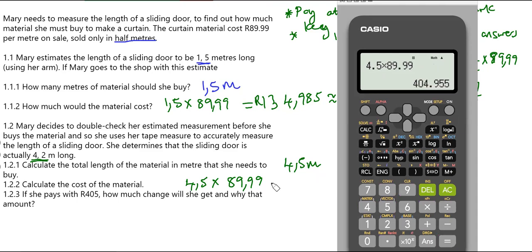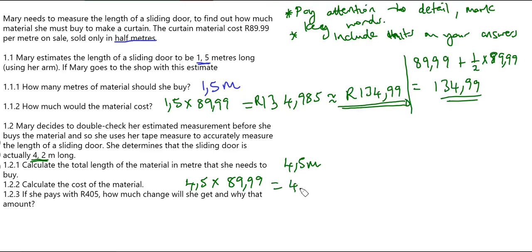We're getting 404.955. So we round off to 404.96. That's what we get there.